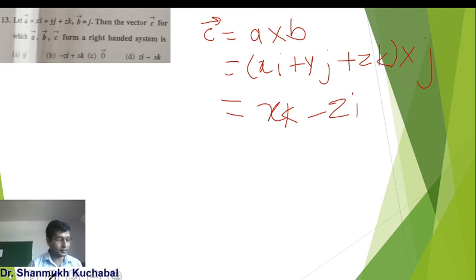So xk minus zi, clearly option B is the right answer. You can take a screenshot of this. Okay, we'll move to the next example.